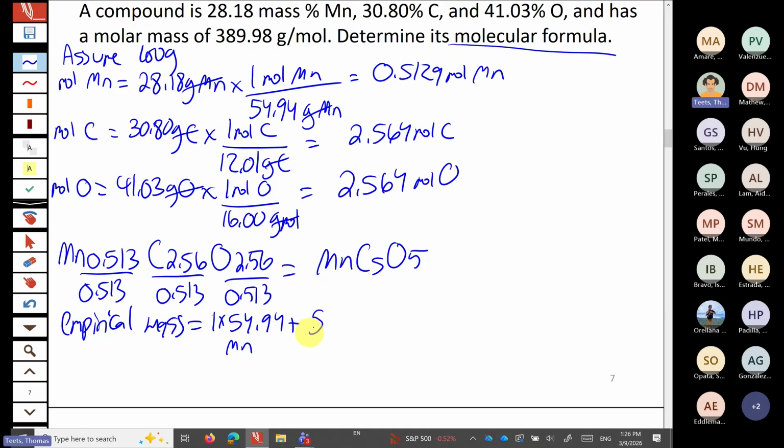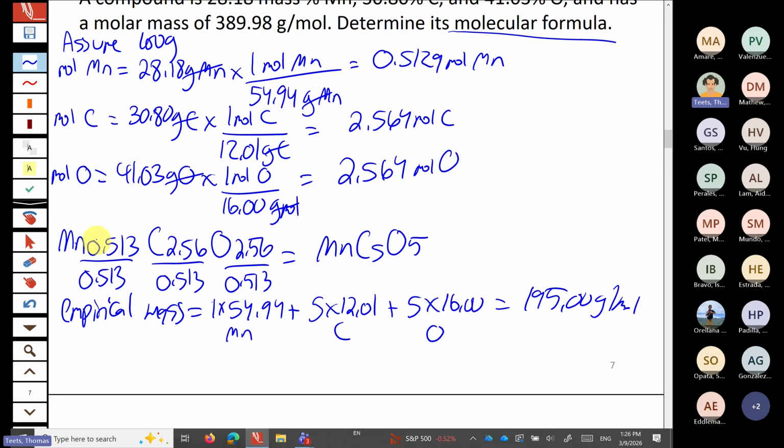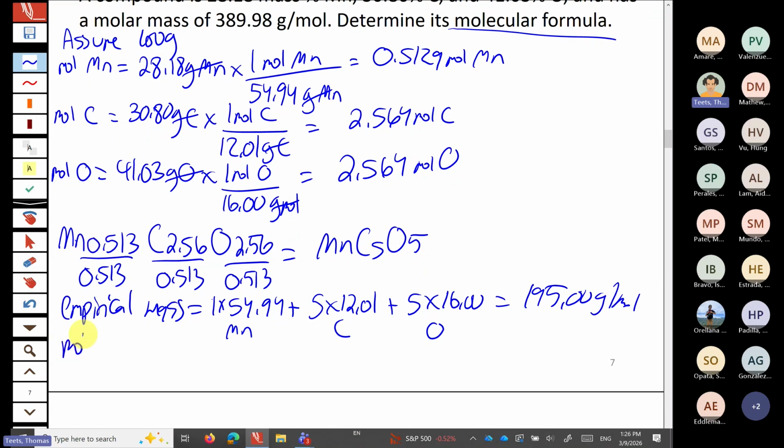We have 5 carbons that have an atomic mass of 12.01. 5 oxygens that have a mass of 16. So the empirical mass is 195.00 grams per mole. And then we divide the given molar mass by that to figure out what factor our empirical formula needs to be multiplied by. So the molar mass over the empirical mass.